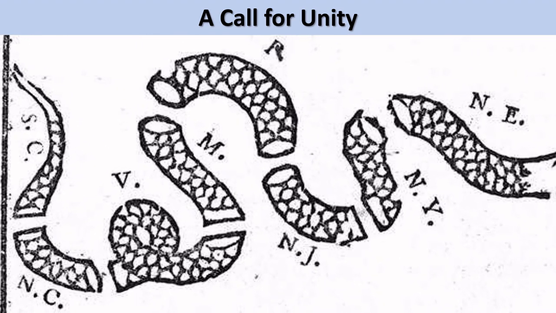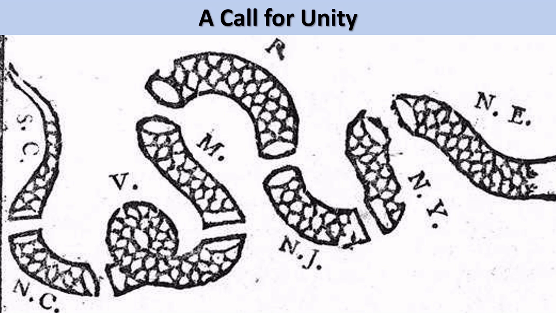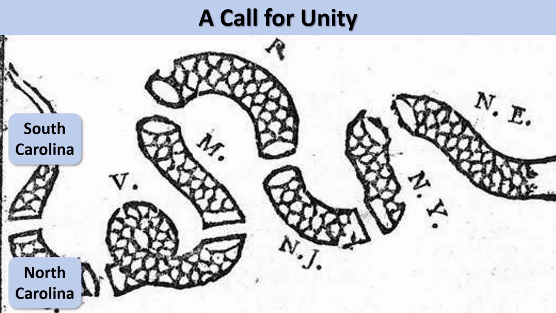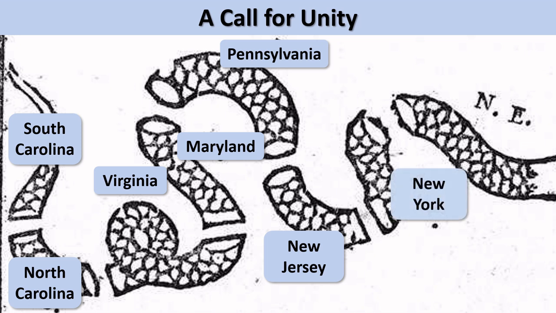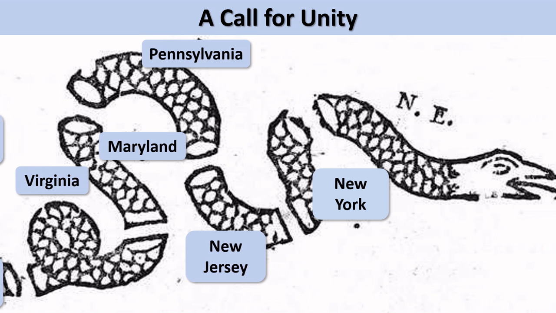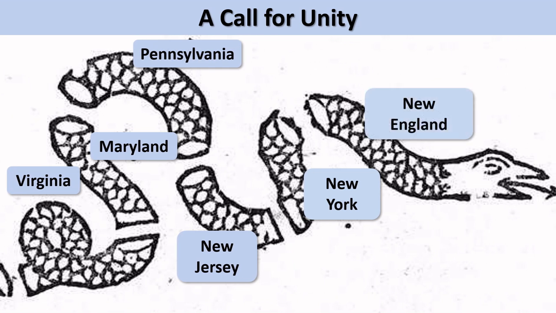In the cartoon, Franklin published, SC stands for South Carolina, NC for North Carolina, V for Virginia, M for Maryland, P for Pennsylvania, and NJ for New Jersey. NY stands for New York. The head of the snake is labeled NE for New England.